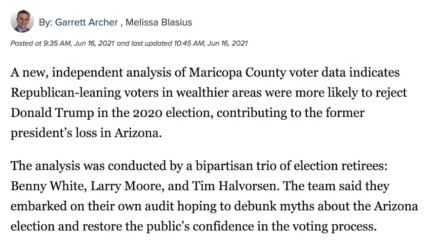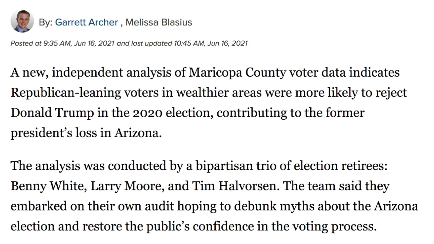I'm like, these guys don't even know what they're talking about. These are just some graphs, man. So let me read: Garrett Archer wrote, a new independent analysis of Maricopa County voter data indicates Republican-leaning voters in wealthier areas were more likely to reject Donald Trump in the 2020 election.